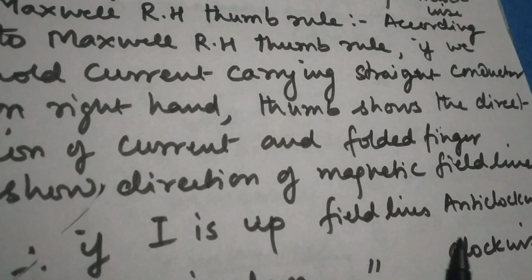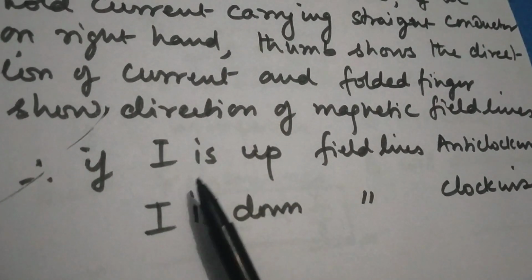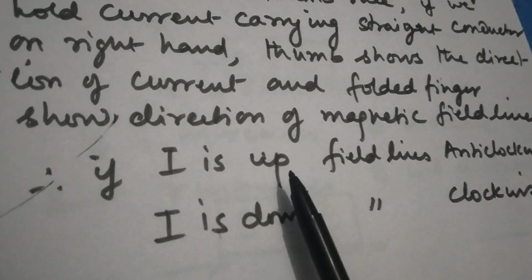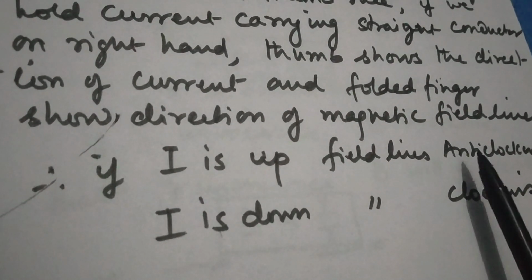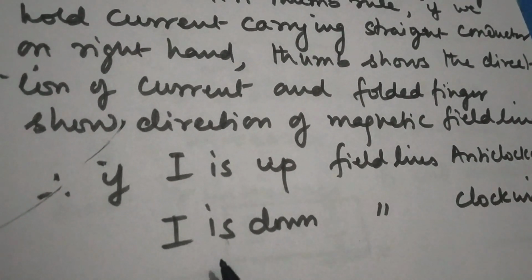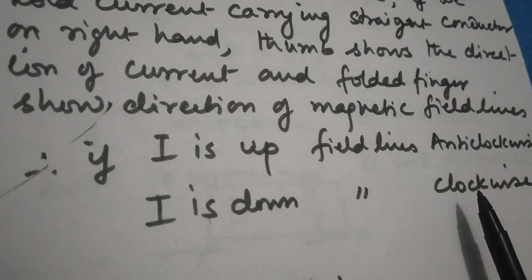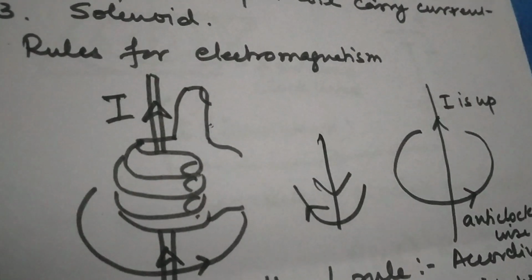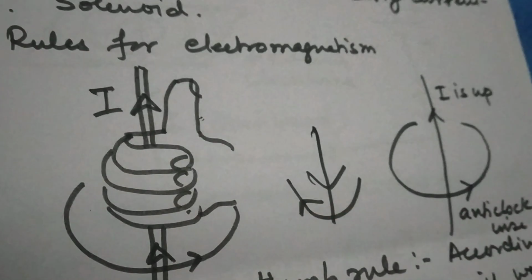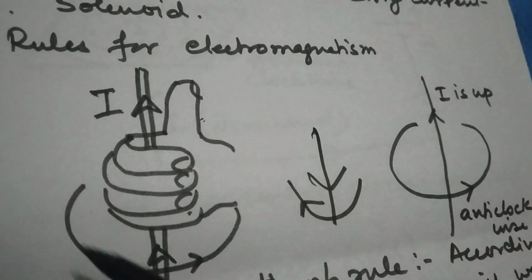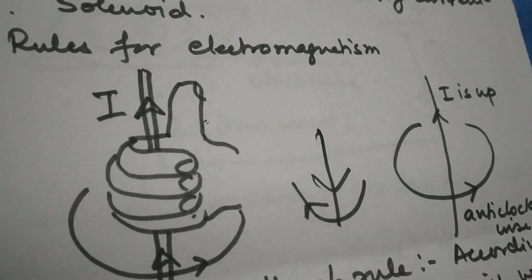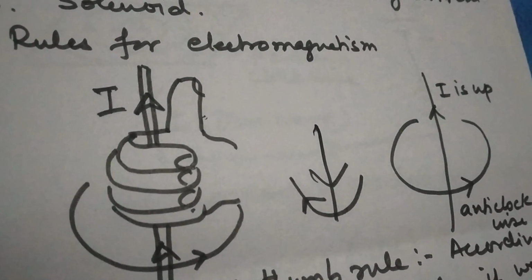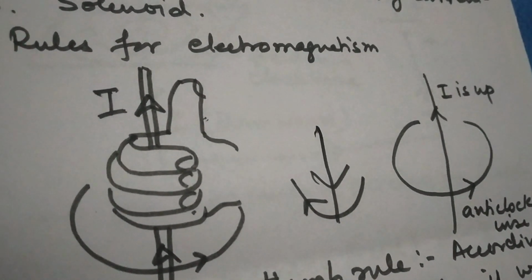If the current is up, I already told you the field lines will be anti-clockwise. If the current is down, the field lines will be clockwise. So these rules are very, very important. This rule is called the Maxwell right hand thumb rule.